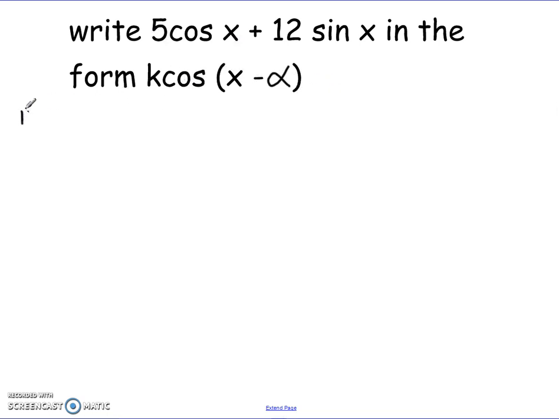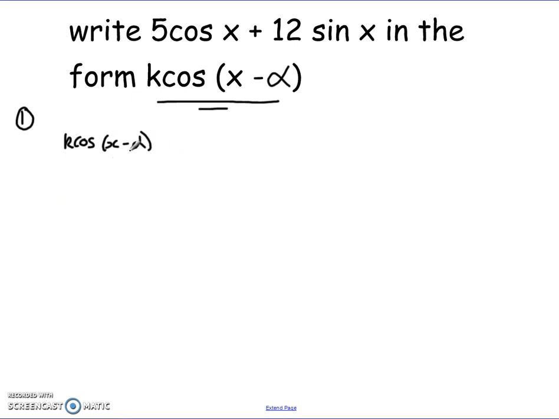First key step would be to focus on the form for the wave that they want you to do. They want me to do k cos(x minus alpha), so what I should do at this point is to begin with is to expand it. So I want to expand k cos(x minus alpha). So let's expand this using the double angle formula we know. We know that cos(a minus b) is written as cos a cos b plus sin a sin b.